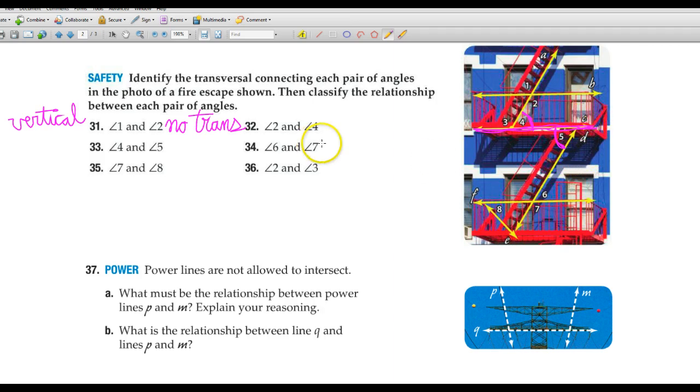We're going to call that line C. And those two angles are on different sides of line C, so they're on alternating sides. And they're in between lines A and D. So they're on the interior of A and D, in between A and D, not on the exterior, out here and out there. So alternate interior.